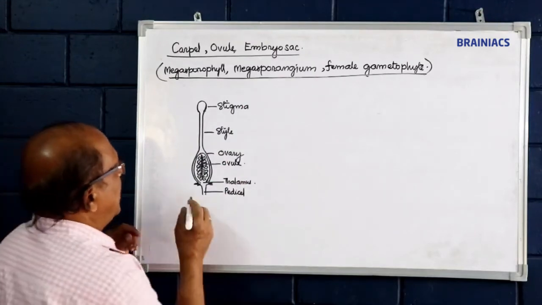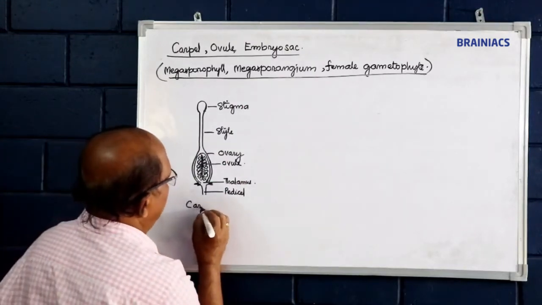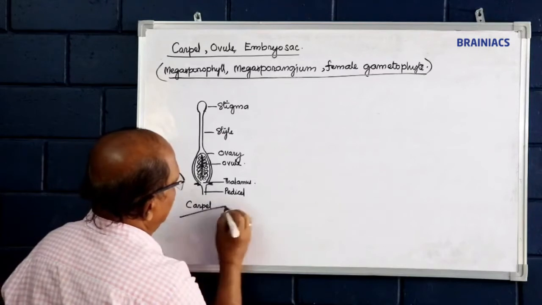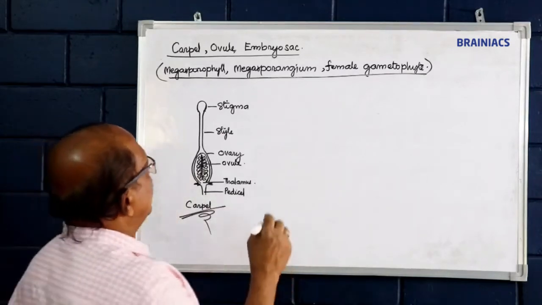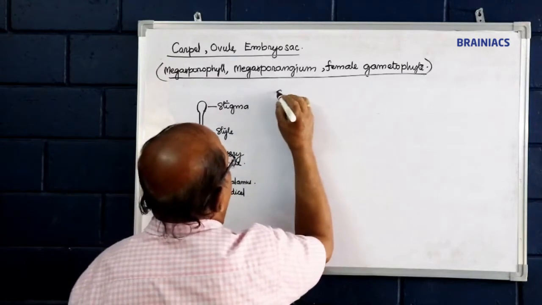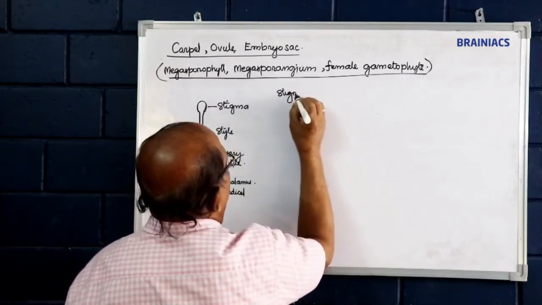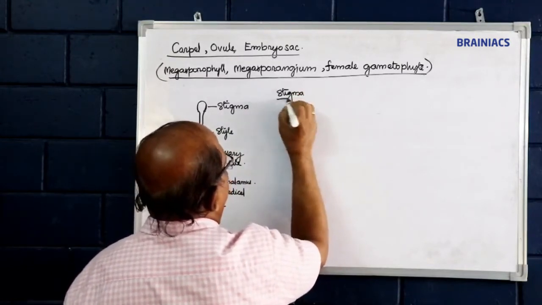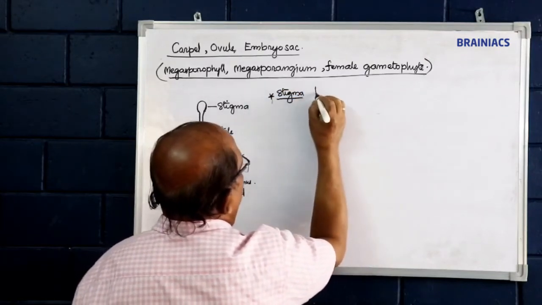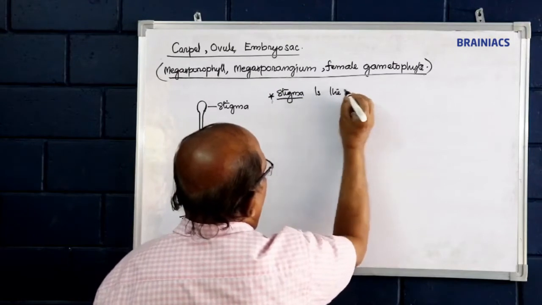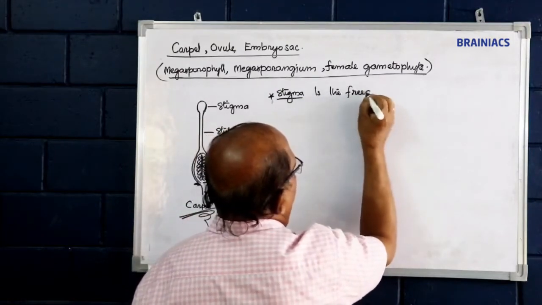These are the parts of the carpel. Stigma is the free end of the carpel.